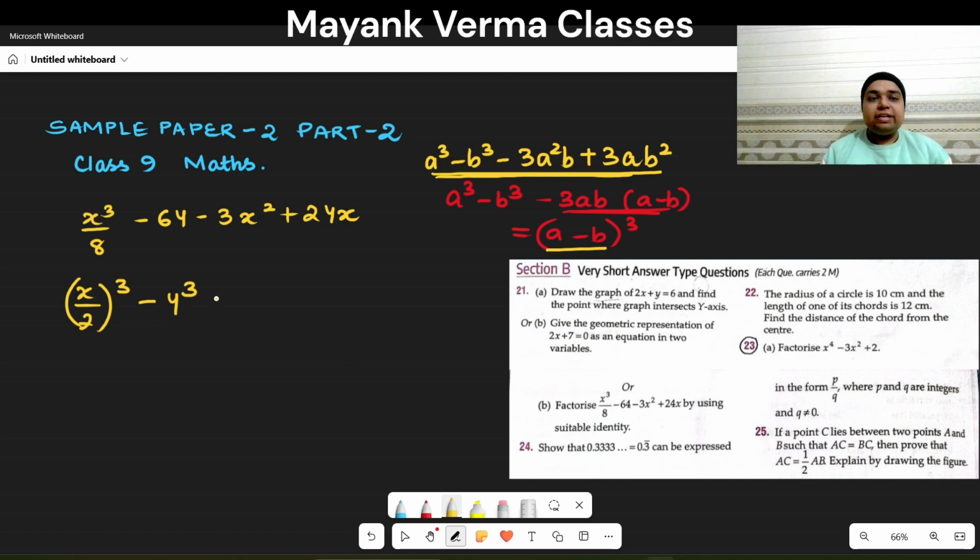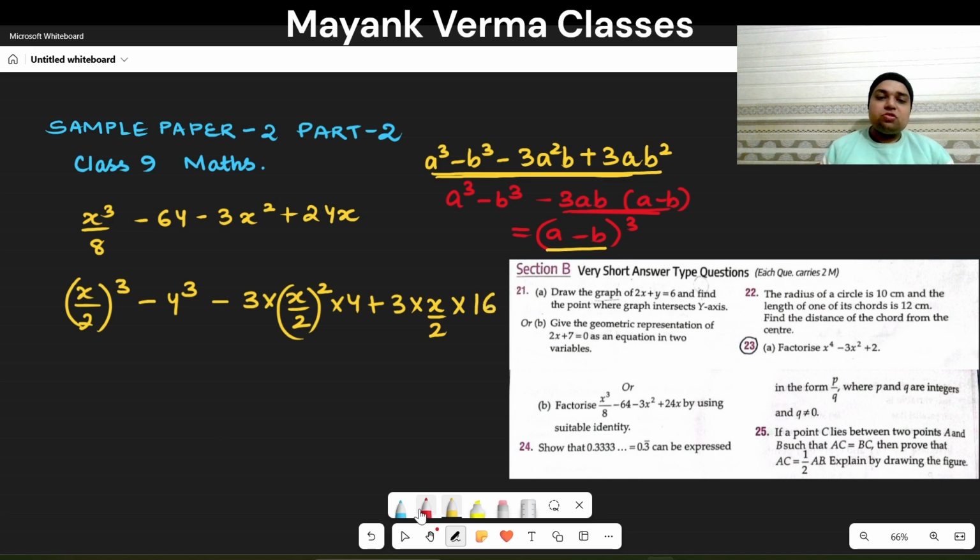So try to write the third part as 3 times a square b. So 3 times, here in place of a, x by 2 is given. So (x by 2) square and b is 4, times 4, plus 3 times a, which is x by 2, times b square, that is 16.